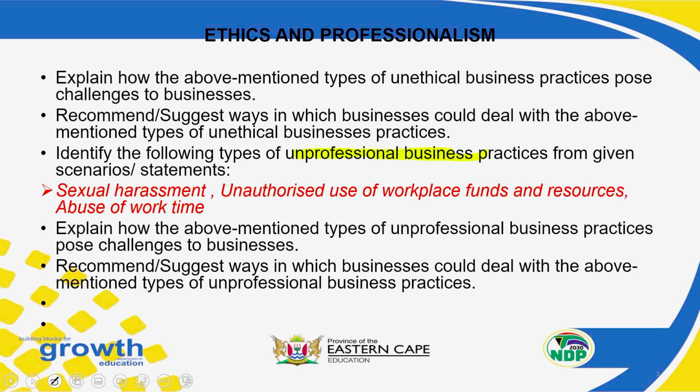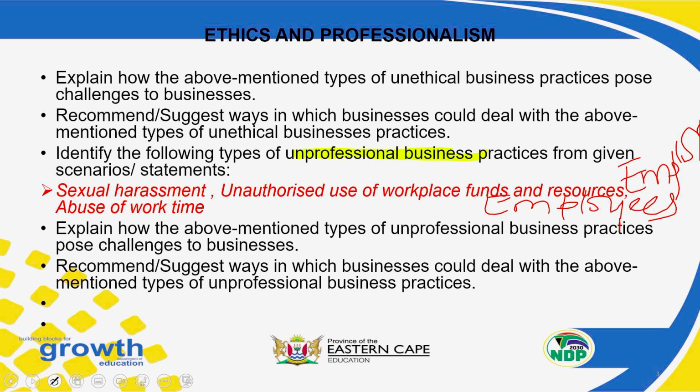Unauthorized use of workplace funds is by employees, meaning that these are the unprofessional issues committed by the employees, not the business. You also need to address them by suggesting ways to deal with all those: how to deal with sexual harassment, how to deal with unauthorized use of workplace funds, how to deal with the abuse of work time.